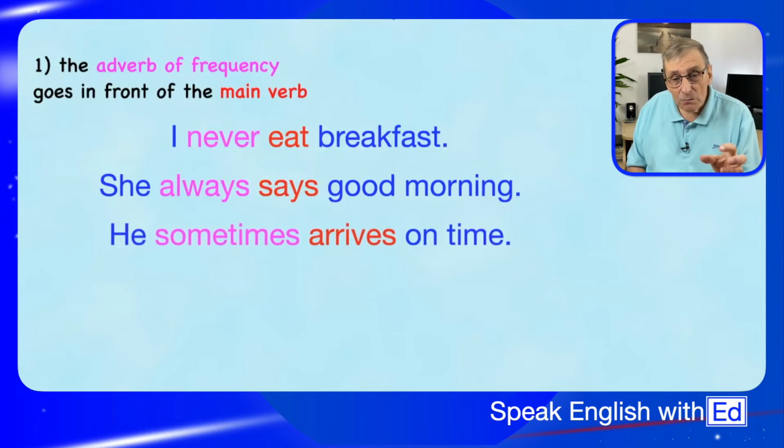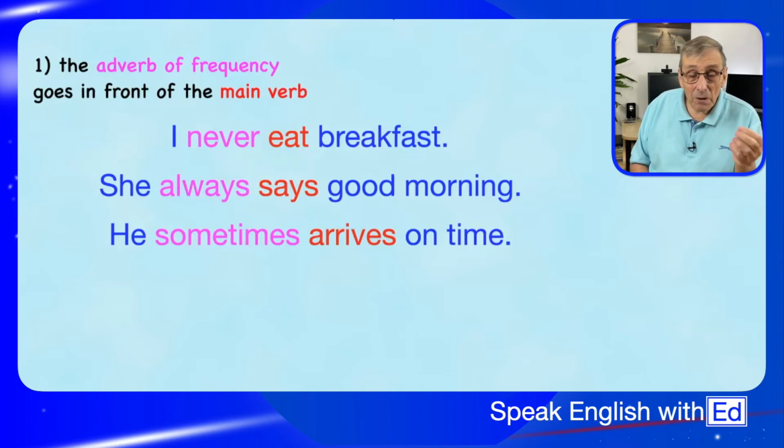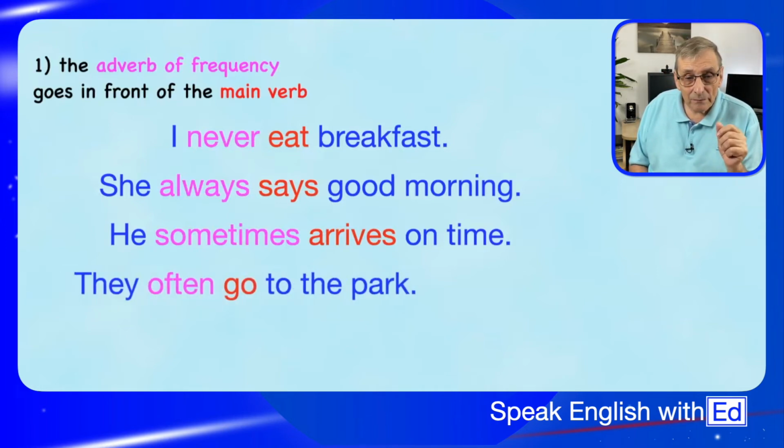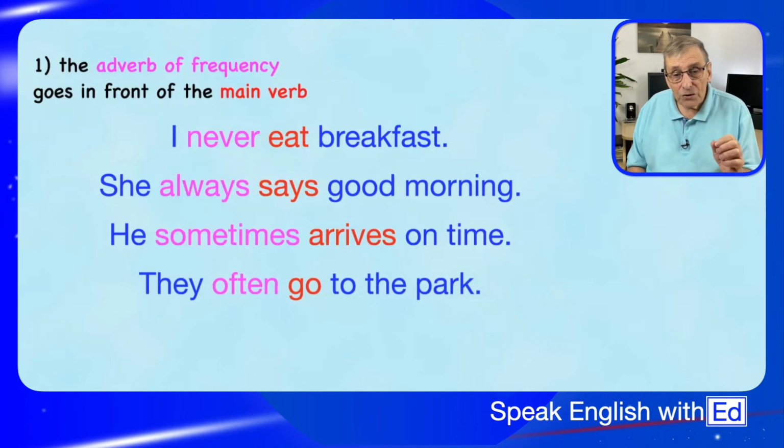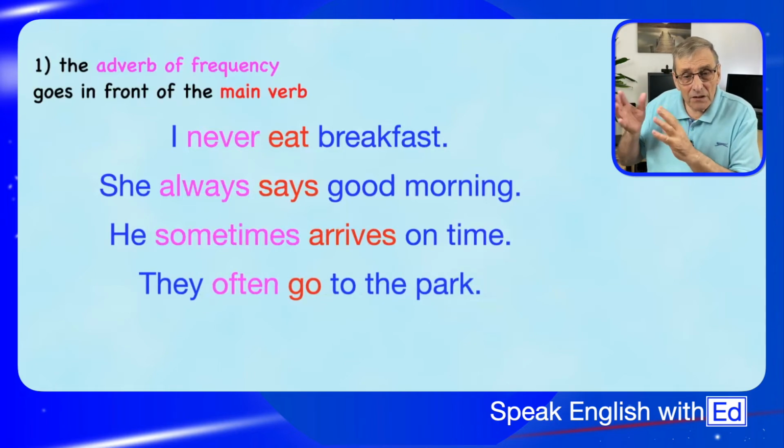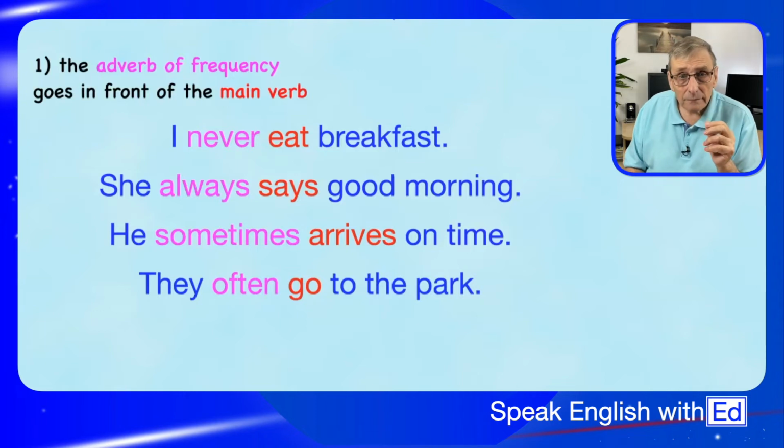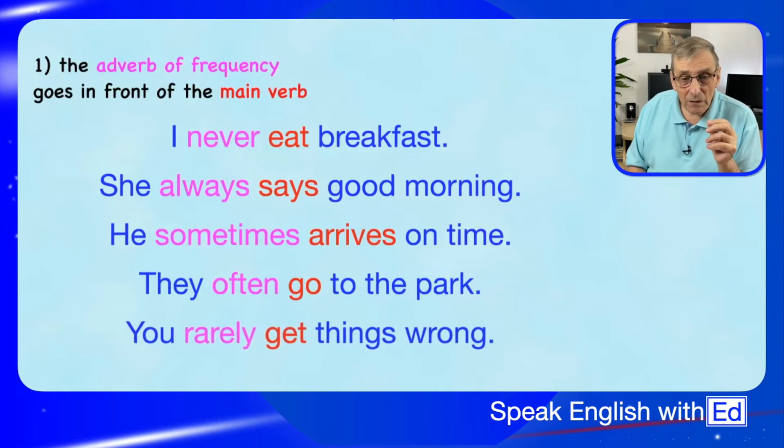Now, he sometimes arrives. This applies to the rule. Sometimes, if you remember, is 50% of the time. So it's an adverb of frequency. They often go to the park. Now we're getting up to the top end, not always, and more than sometimes. So we often go to the park. Could be with the family.